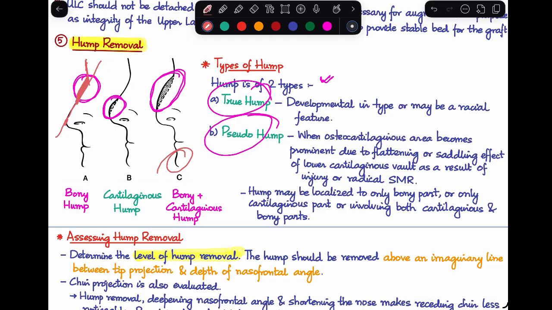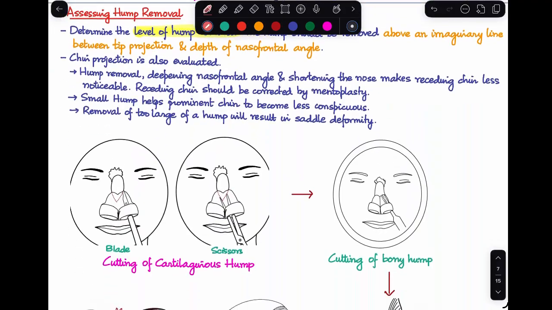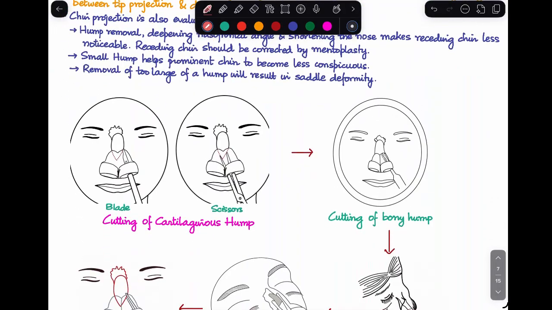So we have to first assess the chin and decide based on the presence of a receding chin, or whether there is too much chin exposure present over here. In that case, we will decide how much hump removal needs to be done to give a normal appearance to the patient. Next, after we have done all this assessment, we are going to do hump removal.